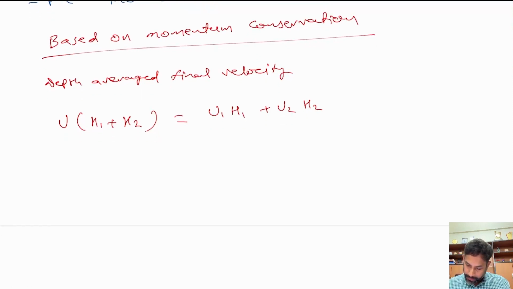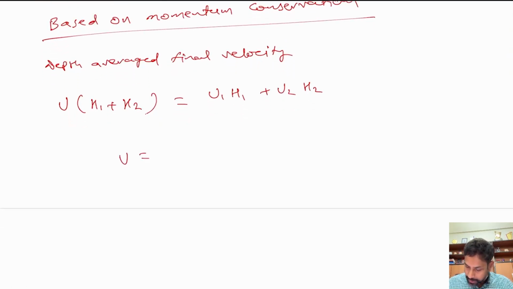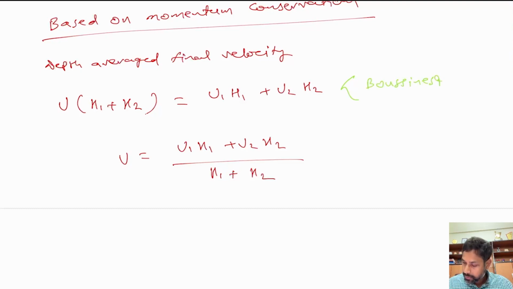So we are doing it for an average density, which is considered average based on the Boussinesq approximation, and that is why the density term is not there, and that is something we are going to discuss shortly. But velocity here can be defined as u1 h1 plus u2 h2 over h1 plus h2. Okay, which is based on the Boussinesq approximation that we have discussed before.